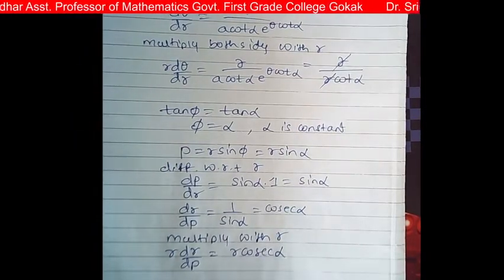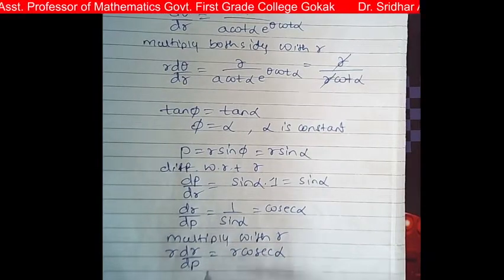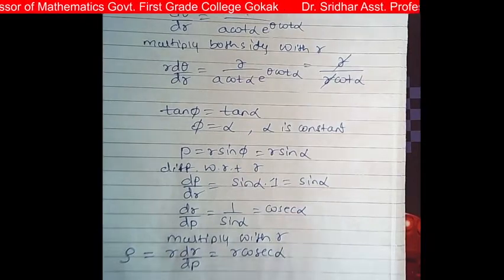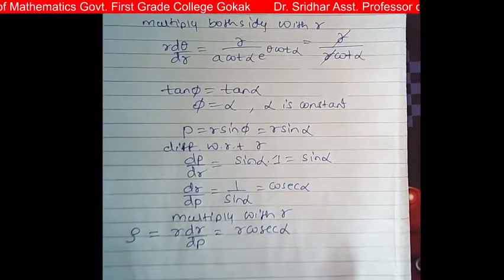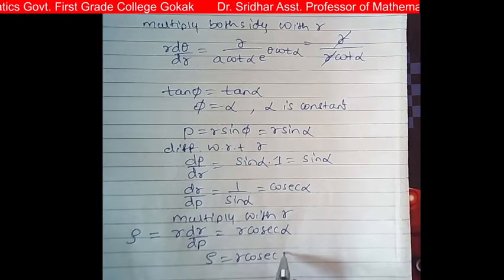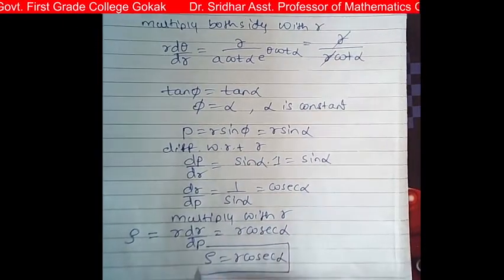So this r into dr by dp is nothing but the radius of curvature rho in pedal form. So therefore rho is equal to r cosec alpha, which is the required proof.